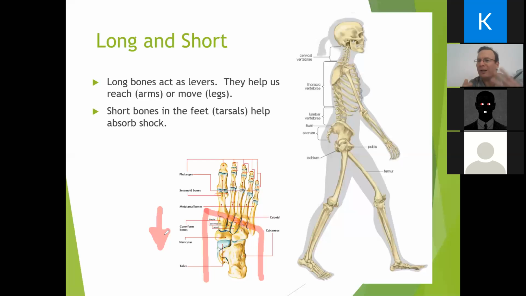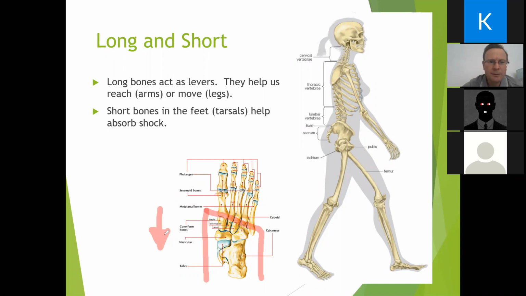So our foot has a combination of short bones to absorb shock. These are the calcaneus and the other tarsal bones. It lands, and then as it rolls through onto our metatarsals, it creates a nice spring to allow us to create big, long movement levers.